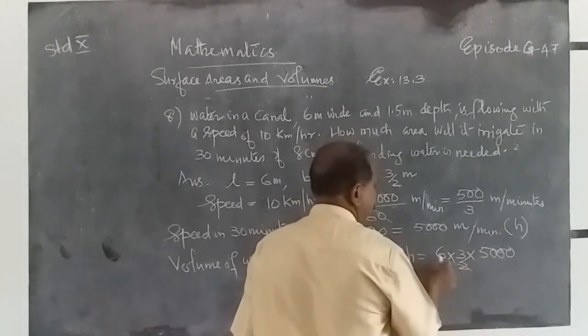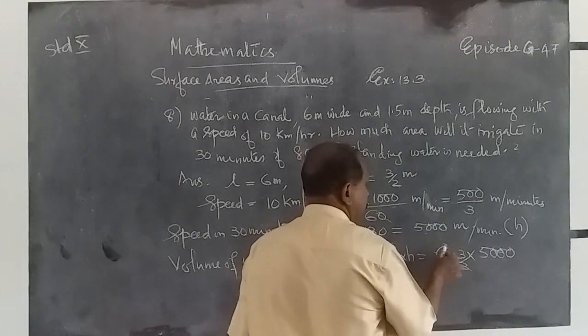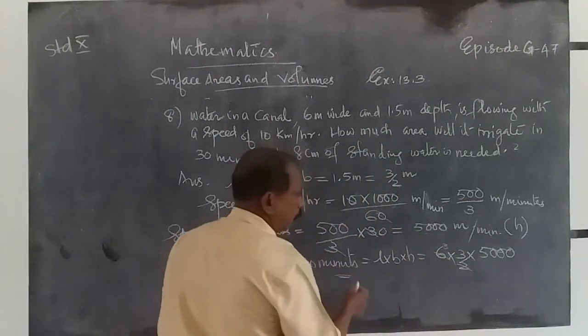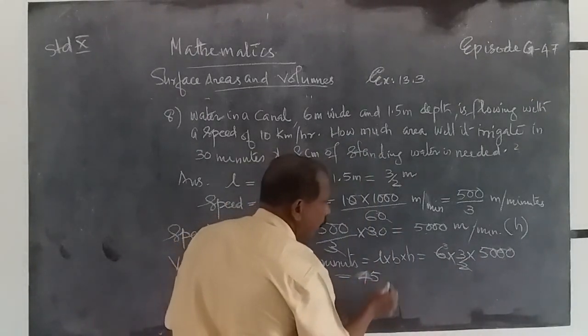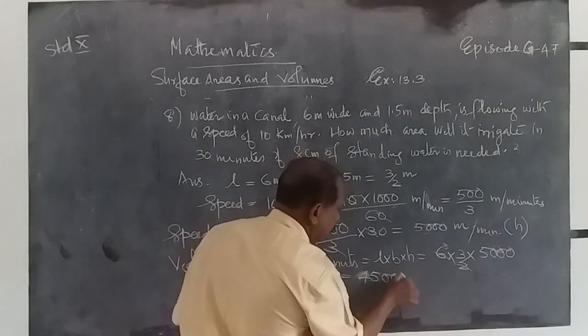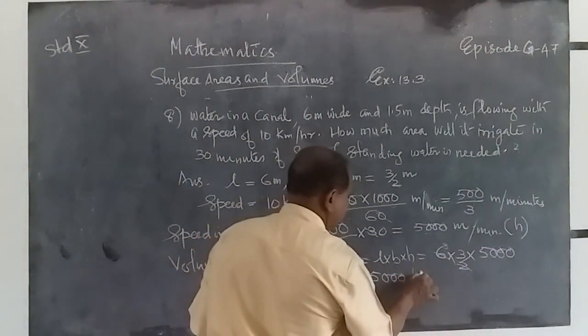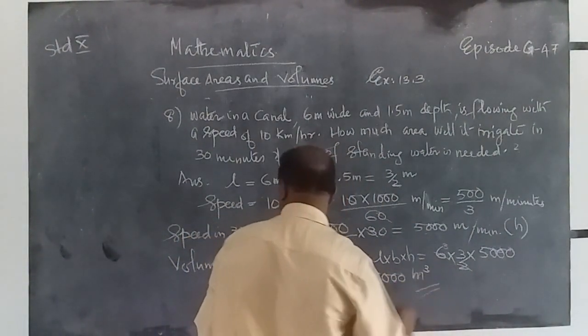Then 6 divided by 2, that is 3. 3 into 3 is 9. This is 9 into 5, 45. How many zeros? 3 zeros. It is meter cube. That is volume of water.